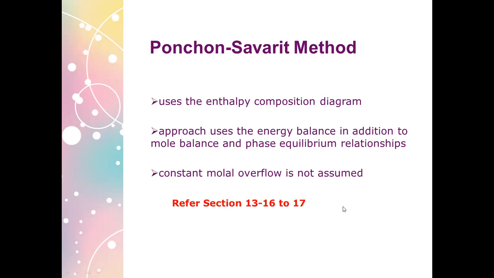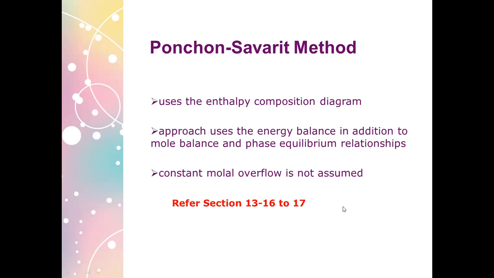So if there is a decrease, and there really is a decrease in the amount of the streams that enter and leave a particular stage, whether vapor or liquid, that decrease is negligible. That is why in McCabe-Thiele this change is assumed to be negligible.